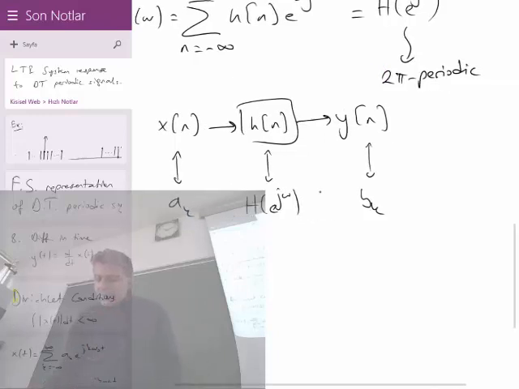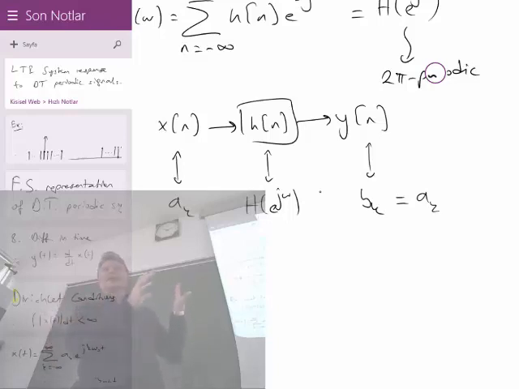And the formula for the new Fourier series coefficients is b_k equal to a_k. By the way, they have the same fundamental frequency.